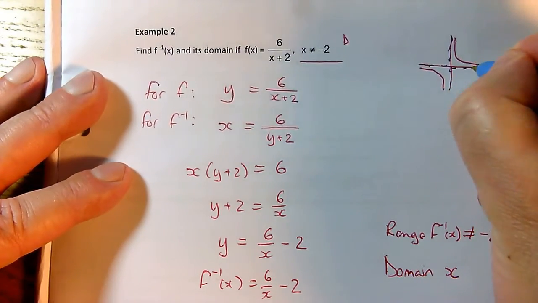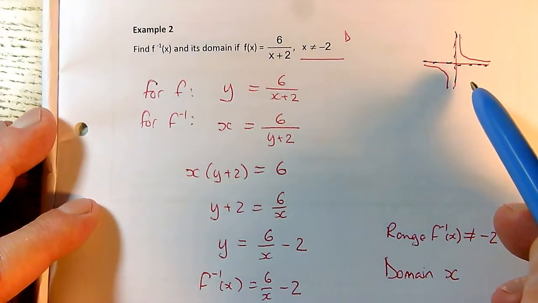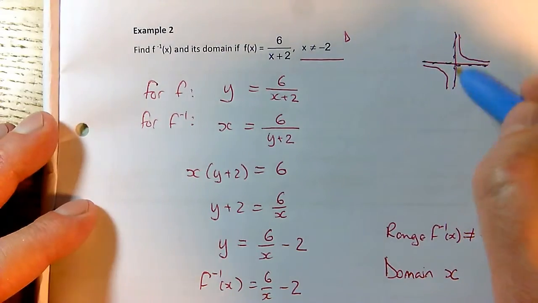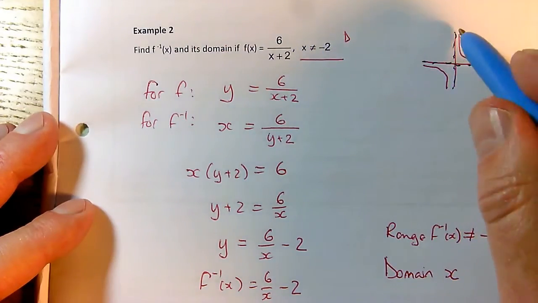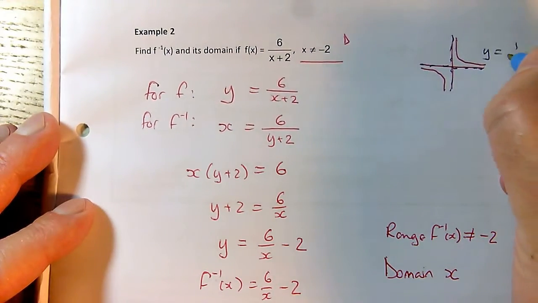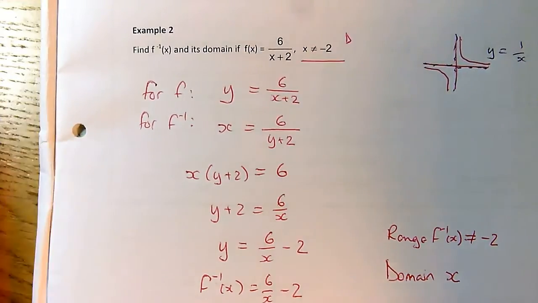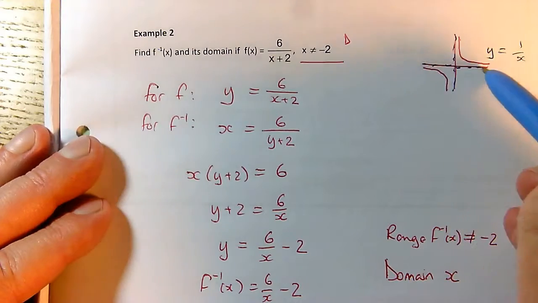They do a bit of stretching and shifting, and at least one of the asymptotes changes. But there's just one value you're not allowed to put into this, which is minus 2. With the 1 over x graph, the asymptote is at x is 0. This is y equals 1 over x, and I'm not allowed to divide by 0, so that's why it's the asymptote. And there's just one value that we can't get out.